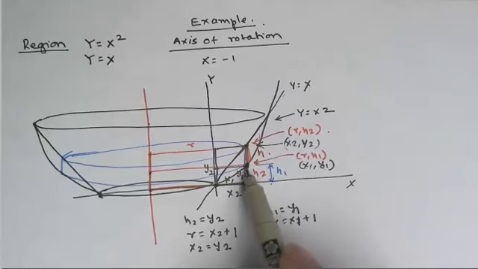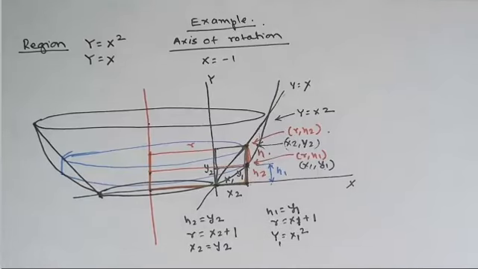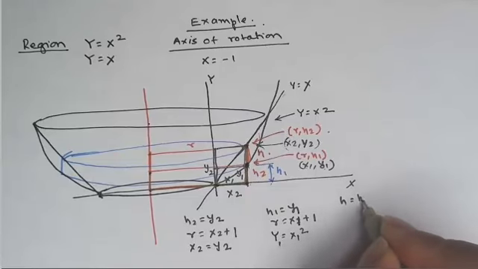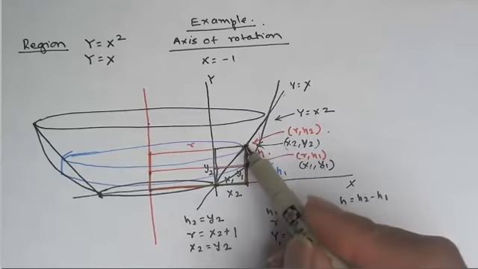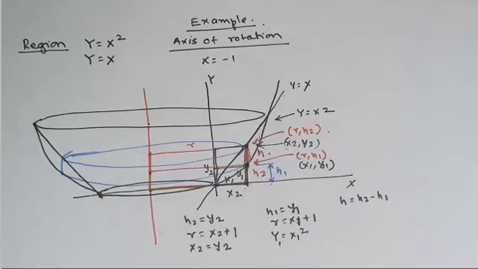And x1, y1 lie on this curve, so y1 is x1 squared. Okay, so now we know how to relate h2 to r and h1 to r. The h that we're interested in, the height of the cylinder, actually is just h2 minus h1. h2 is this entire height, h1 is this height.